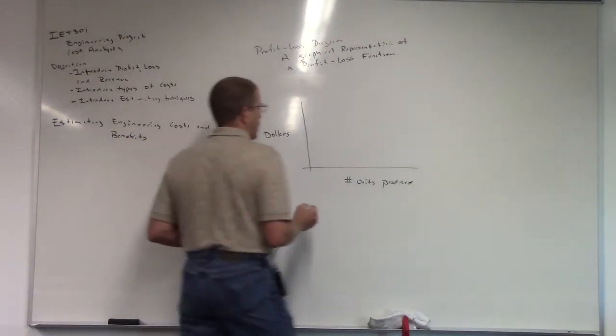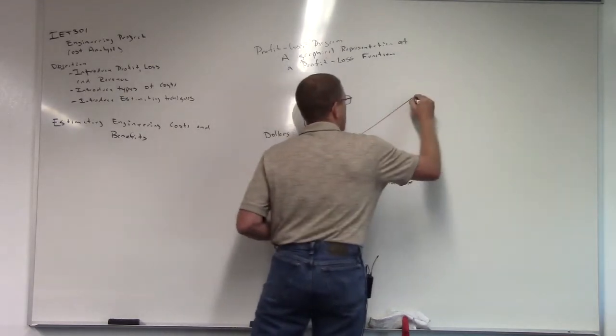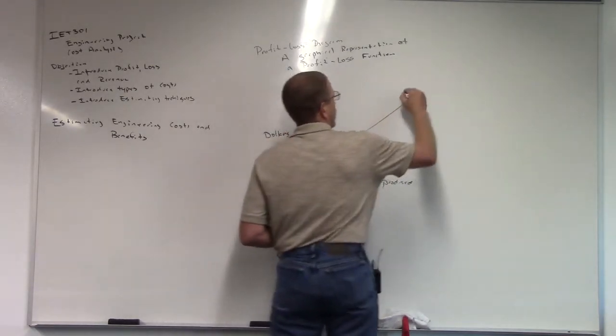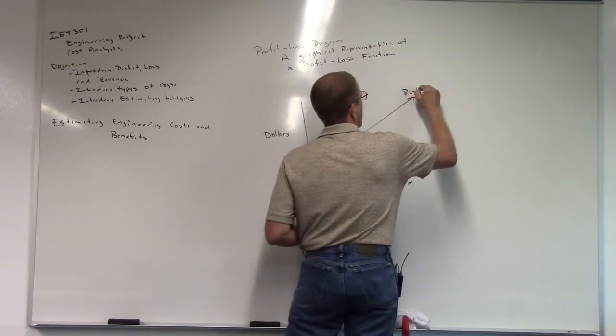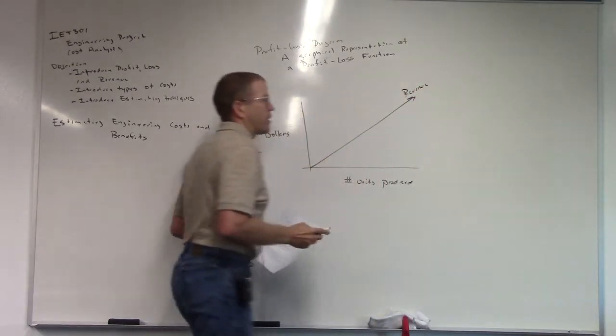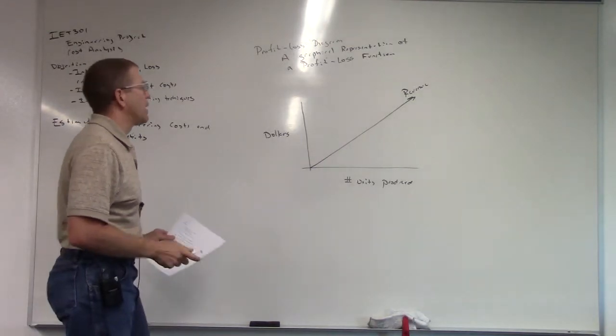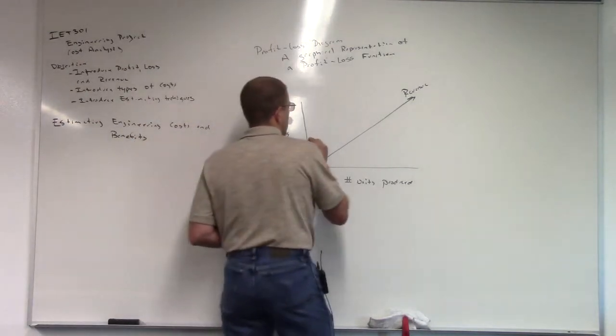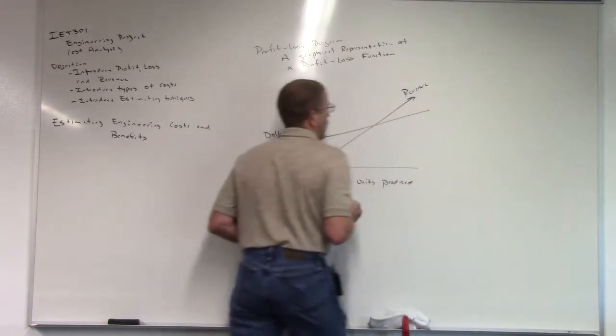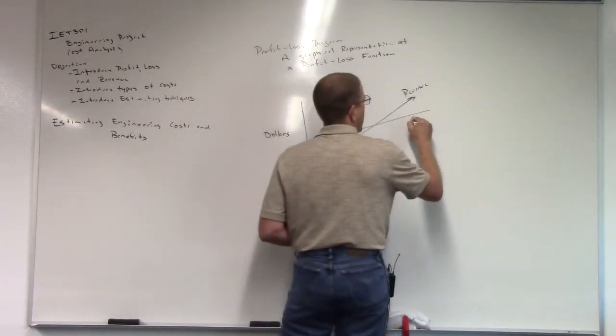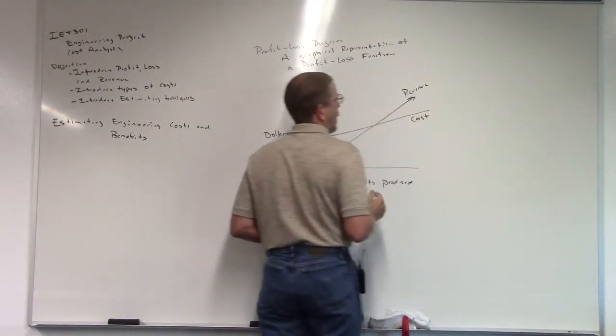We will have one graph that will represent the revenue of the particular activity that we're performing. A second graph that will represent the cost of that activity.